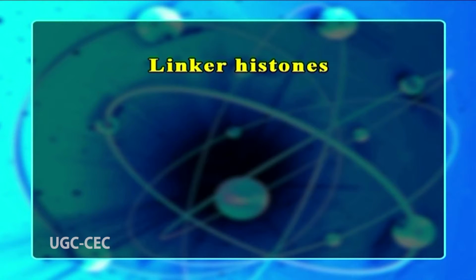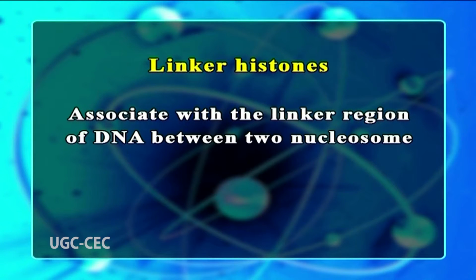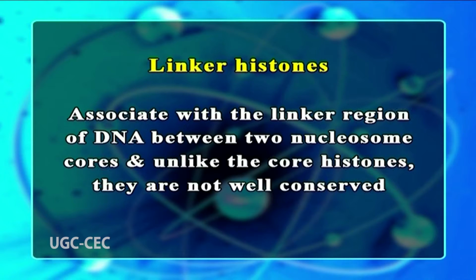Now, what are the linker histones? Linker histones associate with the linker region of DNA between 2 nucleosome cores, and unlike the core histones, they are not well conserved between species.